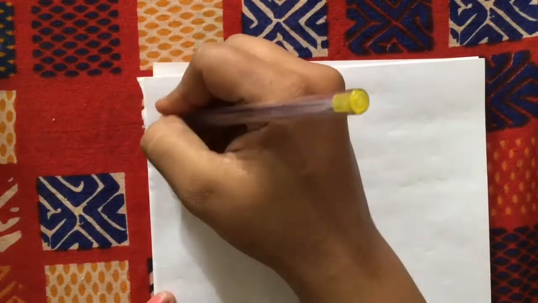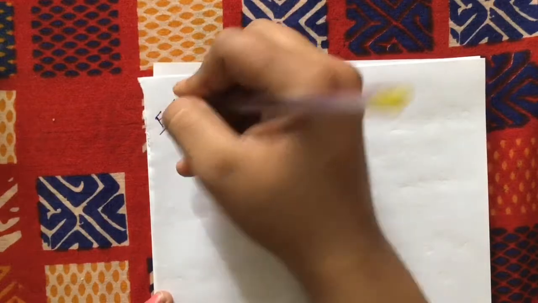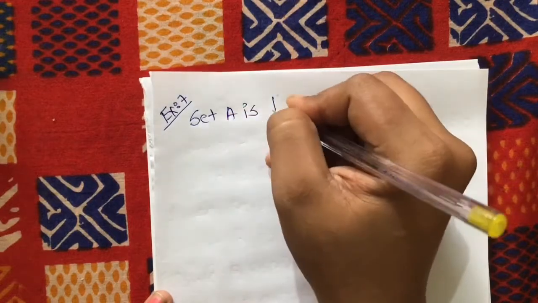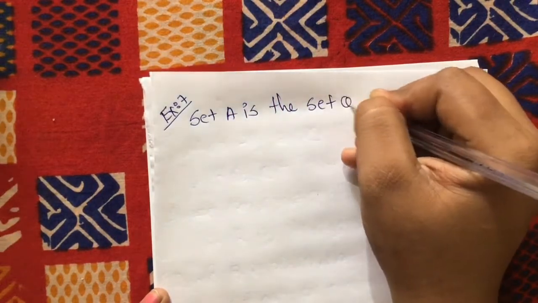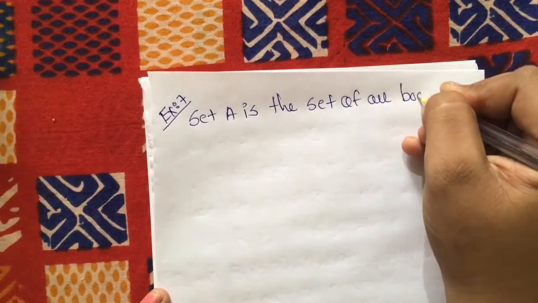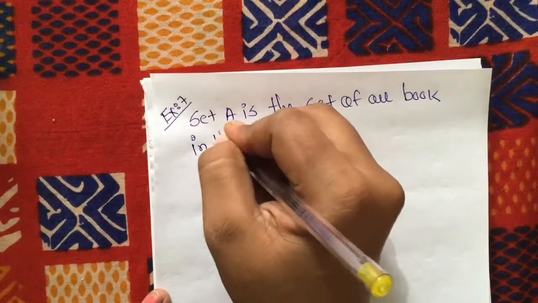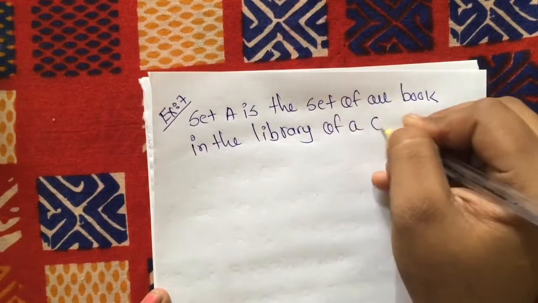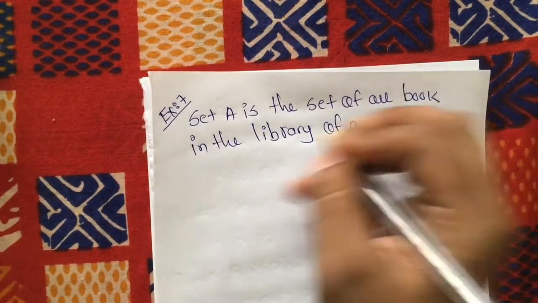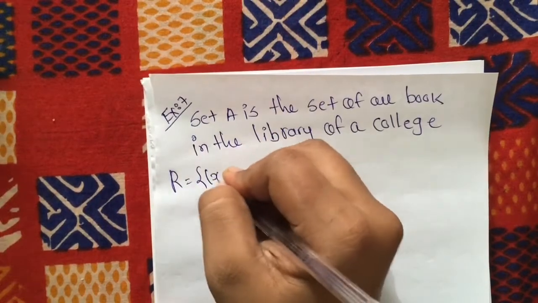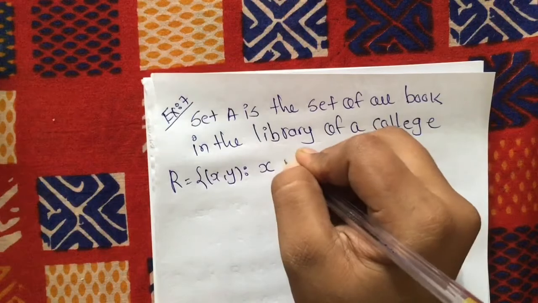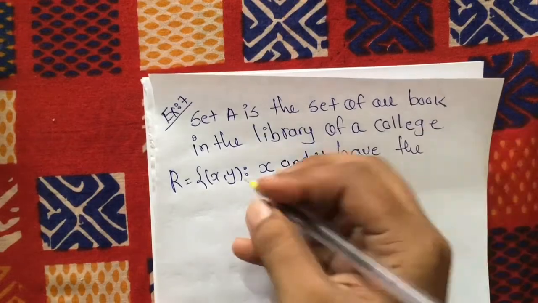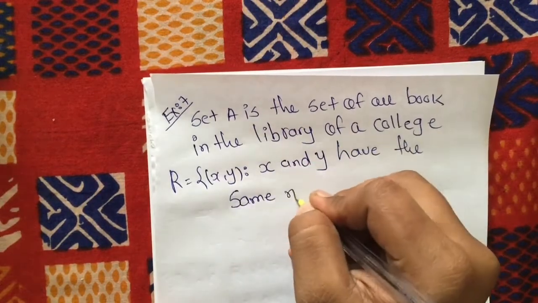ठीक है, लिखते हैं example number 7. That set A is the set of all books in the library of a college, and relation R = {(x, y) : x and y have the same number of pages}.